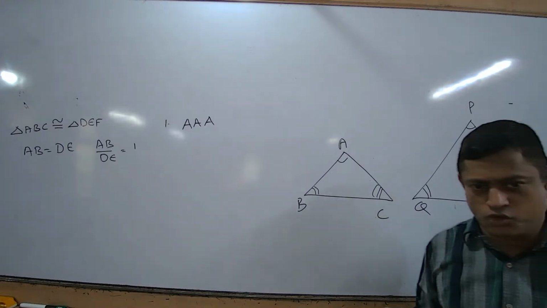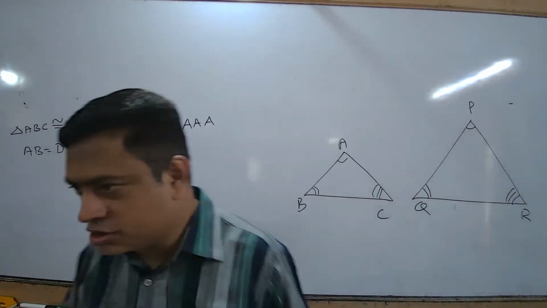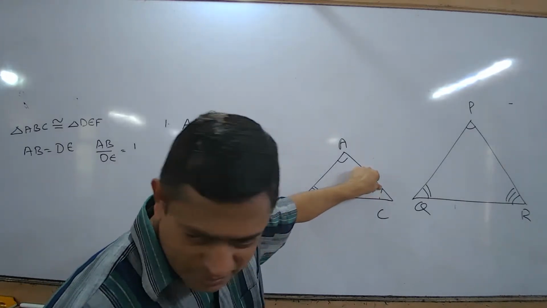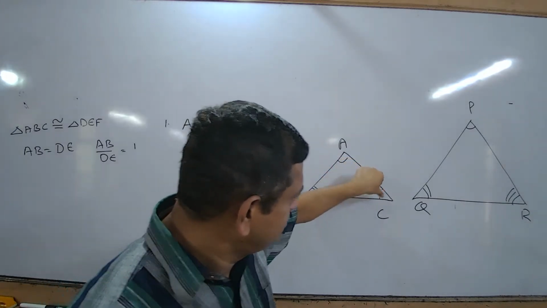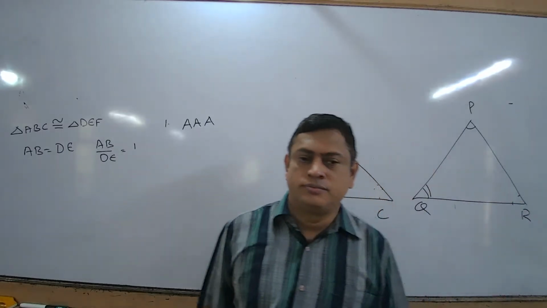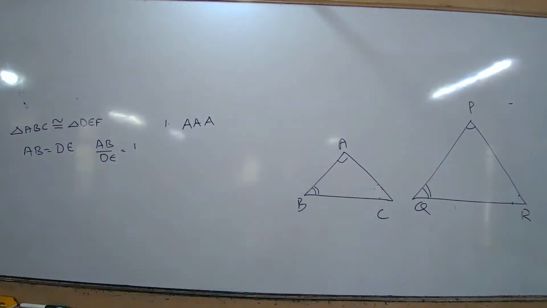Now listen carefully. What is marked over here? Angle A. What all things are marked over here?